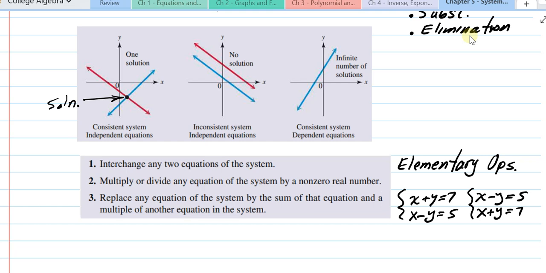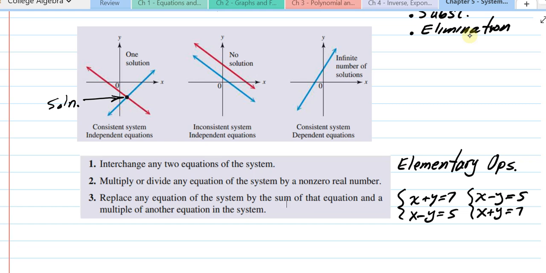That says you can multiply or divide any equation of the system by a non-zero real number. Non-zero, because what happens when we multiply by 0? Everything disappears, right? So we don't want to do that.